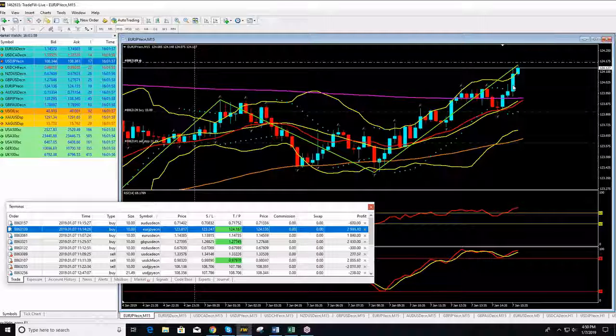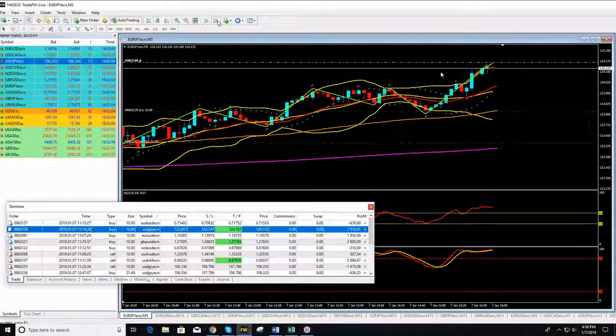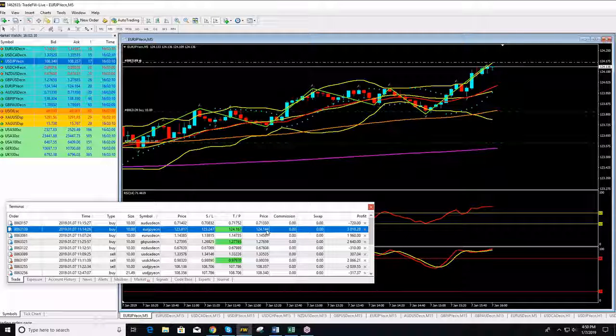So it has cleared the round number of 124, and this increases substantially our chances of hitting another straightforward TP. Actually, we are less than 3 pips away from our take profit price level, and the monetary target of this position is $3,230. So we are 2 pips now away from our take profit target.